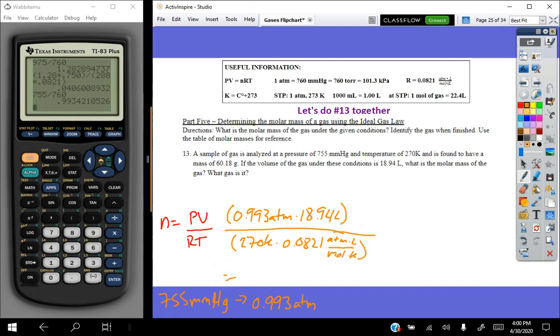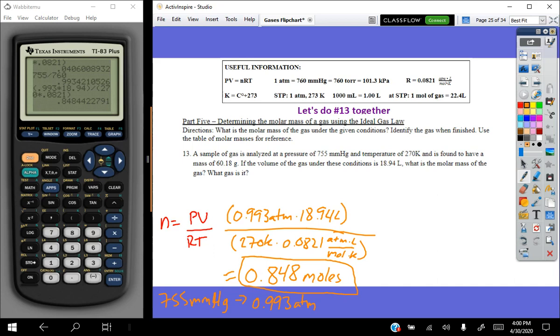All right, I'm going to go through and get my moles here. Oops, I forgot parentheses. Parentheses, 0.993 times 18.94, close parentheses, divided by 270 times 0.0821. All right, I get 0.848 moles of gas.